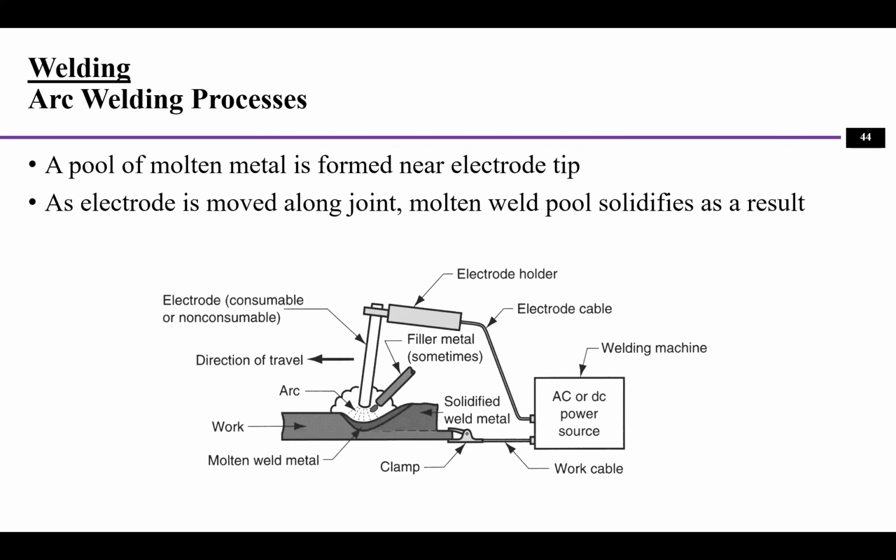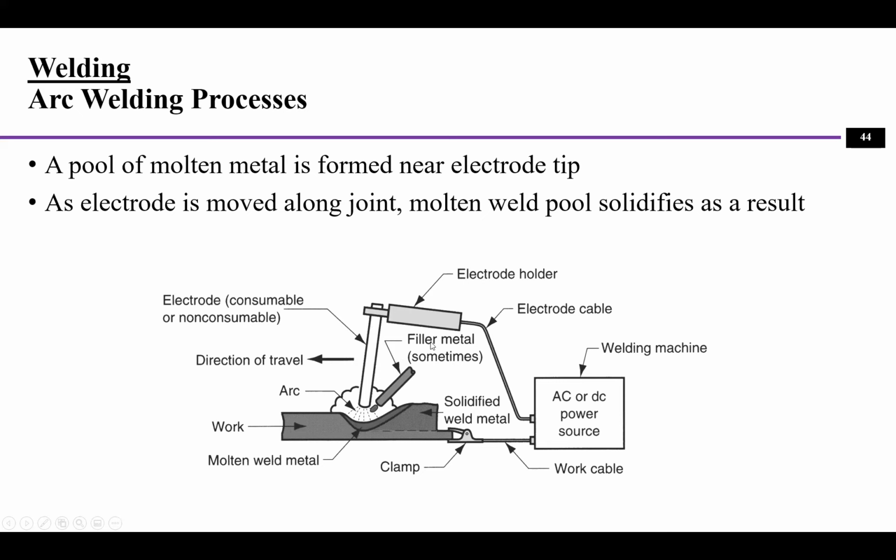Starting with the arc welding process, this is a typical setup of the arc welding process. First, all we want to do is to create our circuit, right? Have the current flow from the positive to the negative. This is the electrical cable connected to an electrode holder, and the electrode holder will hold this electrode, which is the consumable.